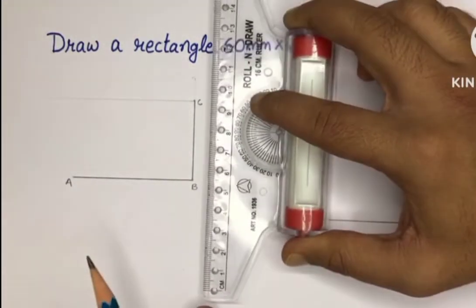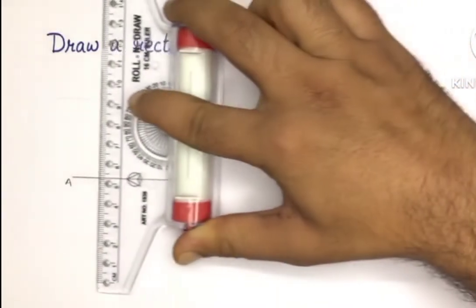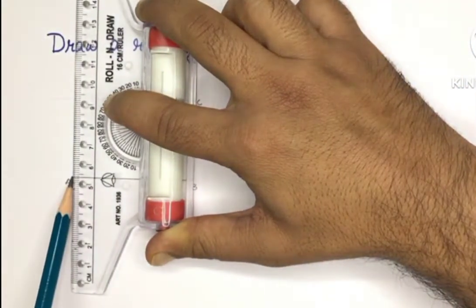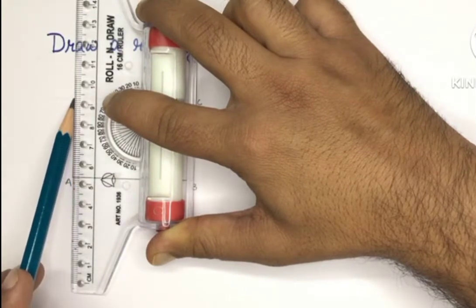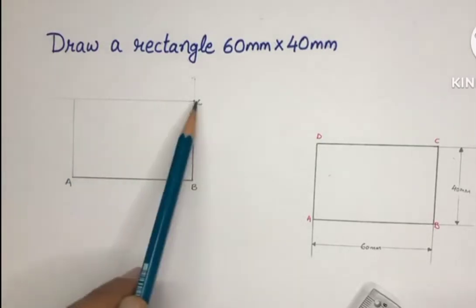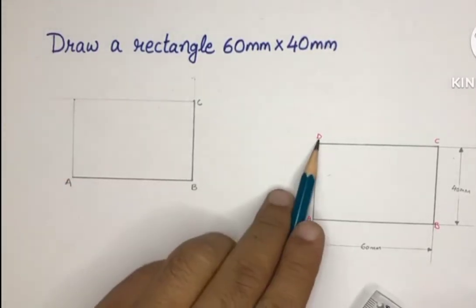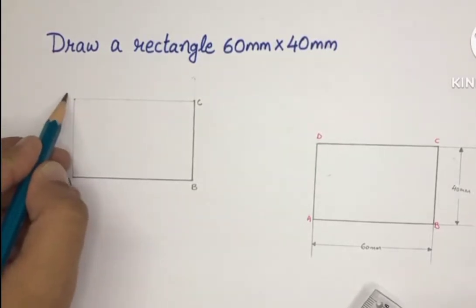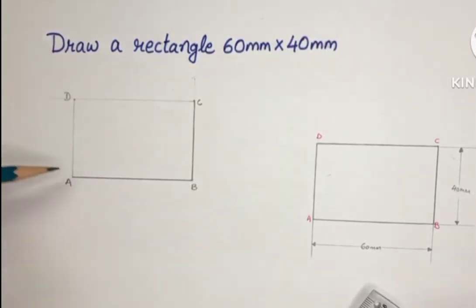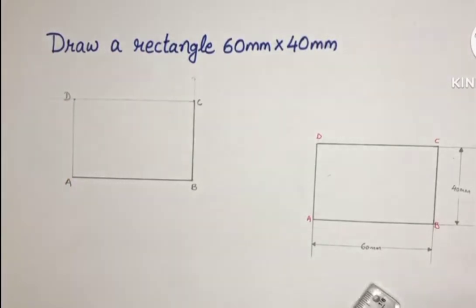Then match the ruler scale with side BC and slide it till it reaches point A and draw a vertical line from point A. The point where these two lines intersect, we get the last point, point D. Connecting these two lines, we get the rectangle.